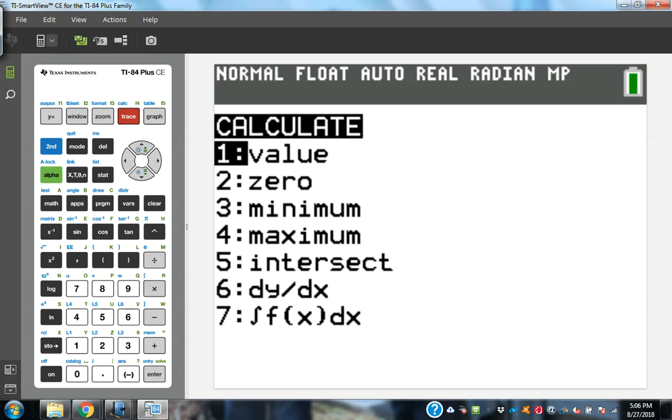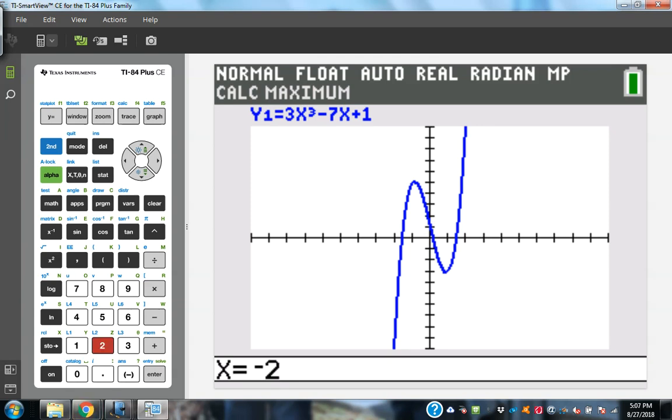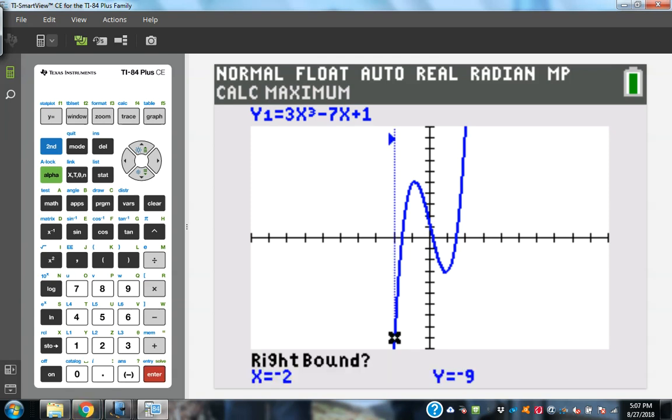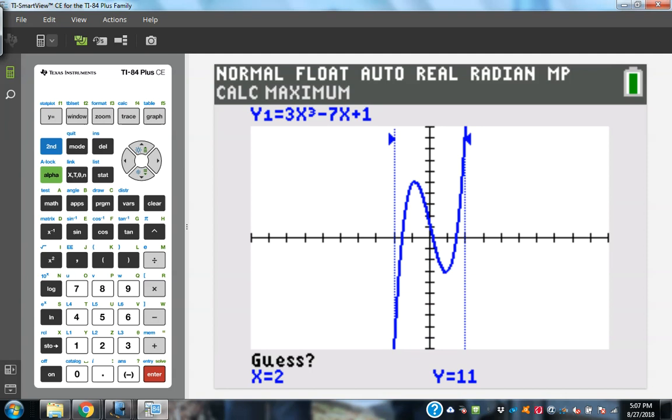So I'm going to pick the maximum first. I'm going to pick number 4. For the left bound, I'm just typing in -2. The right bound is the other end of my interval, +2. Then it asked me to guess. It's important that you move the cursor to guess where it's at so that it knows which one you're looking for, because sometimes there might be more than one local max in between there.